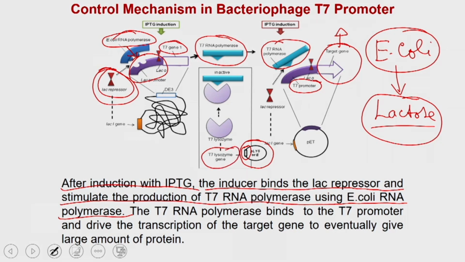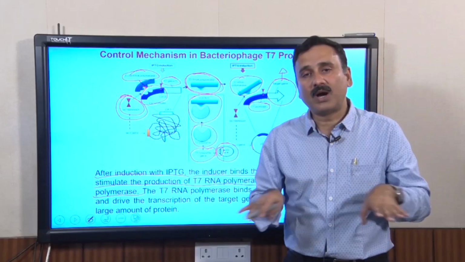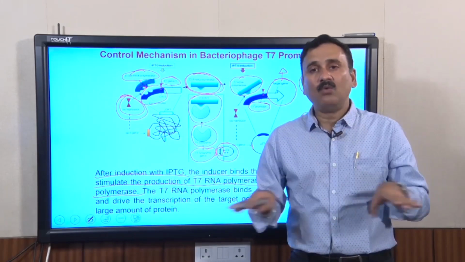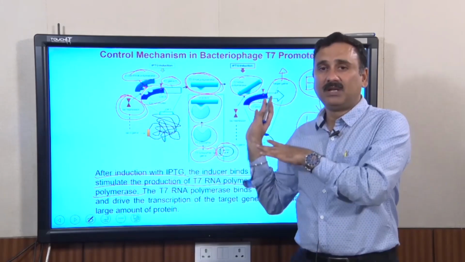The T7 lysozyme gene produces T7 lysozyme, and this T7 lysozyme is going to destroy or inactivate the low level of T7 RNA polymerase which is produced under the influence of lactose present inside the E. coli. So, that kills the background protein production.